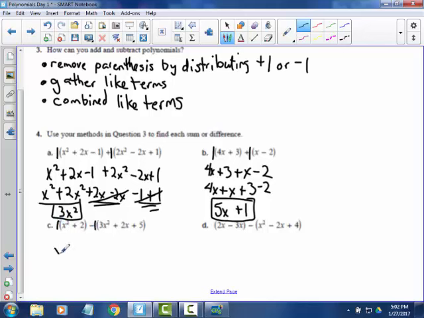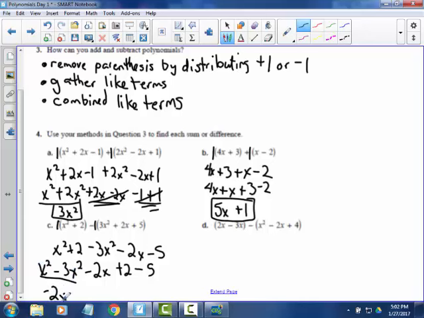So I distribute x squared plus 2 minus 3x squared minus 2x minus 5. So rewrite with my like terms together. So x squared minus 3x squared minus 2x plus 2 minus 5. This would be 1 minus 3, so negative 2x squared minus 2x, and then 2 minus 5 is minus 3.